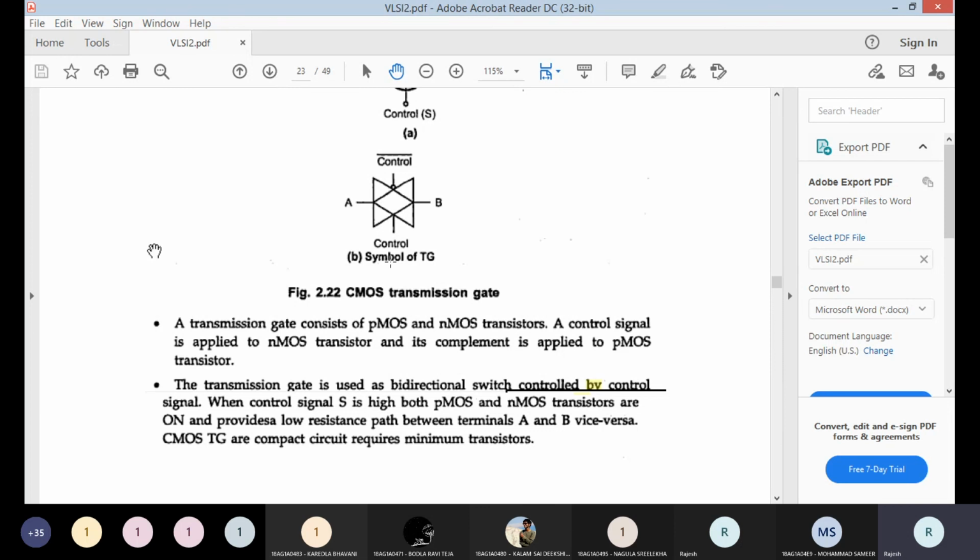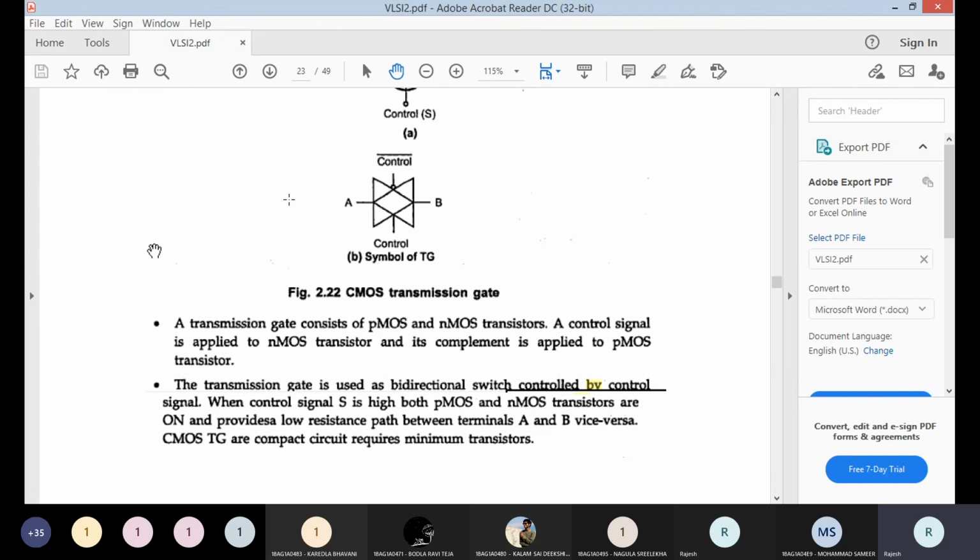Now the drawback of pass transistors is eliminated by a bidirectional switch or transmission gate, where NMOS devices are poor in transmission of 1 and PMOS devices are poor in transmission of 0. That is nullified, because when you apply logic 0 at A, the switch is closed, and one of the devices is good in transmission of 0, so you get logic 0 at the output.